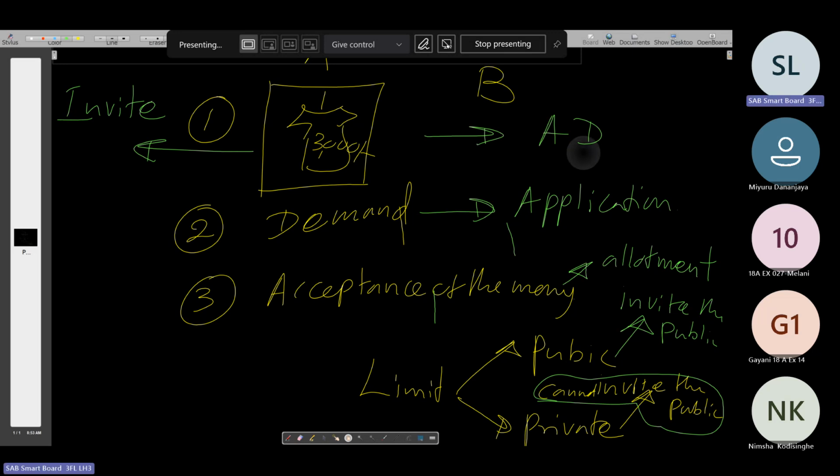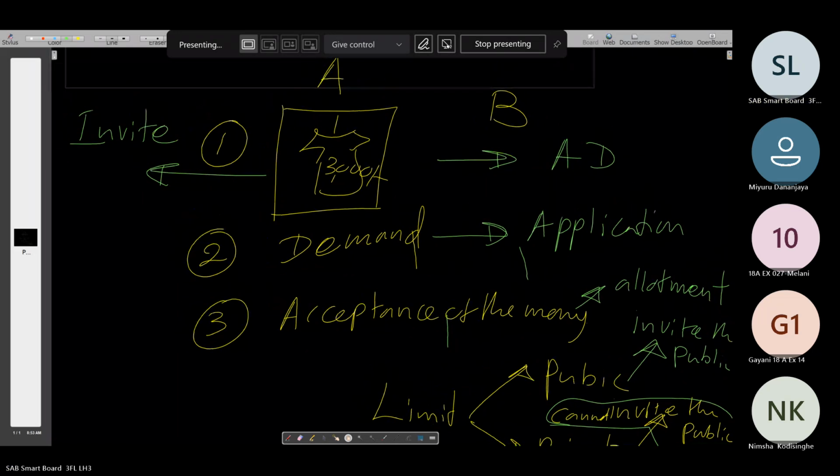So here this advertisement is treated as an invitation. In this example, the first one, displaying goods in the shop window is also treated as an invitation. Same as here. And the customer's demand, so here the application made by the prospective shareholder is treated as the offer.